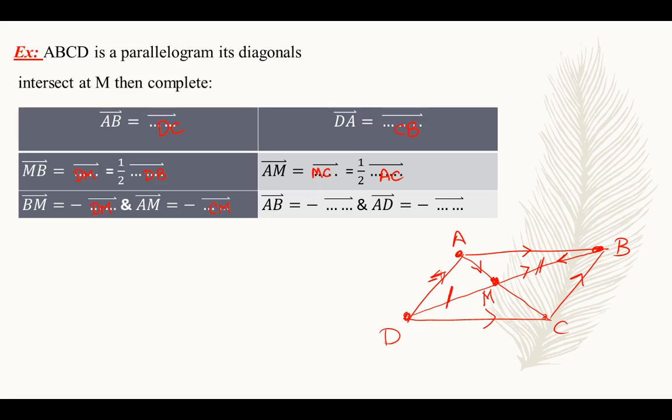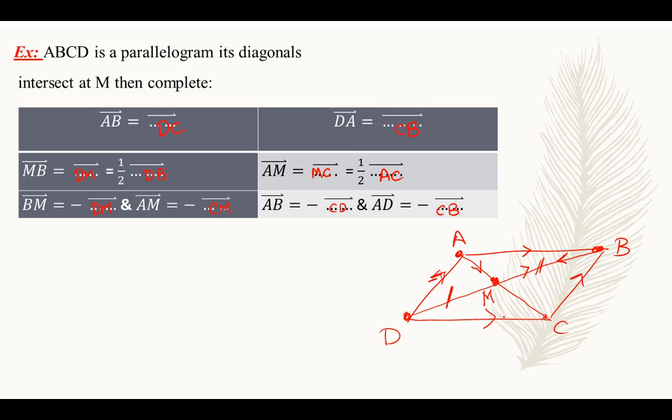Again, the directed line segment AB equals negative CD, and the directed line segment AD equals negative CB. AB starts from the point A and goes to the point B, so it equals negative CD.